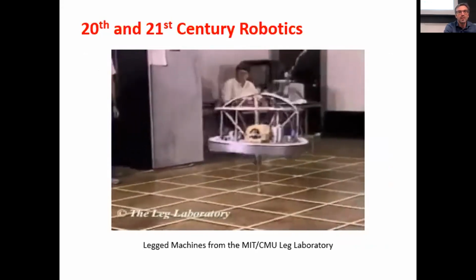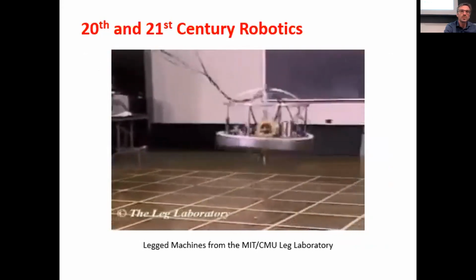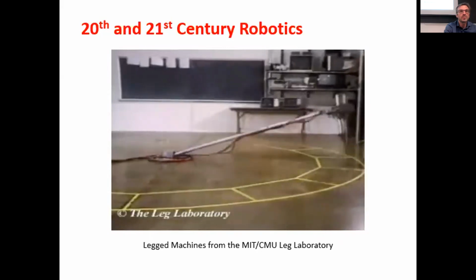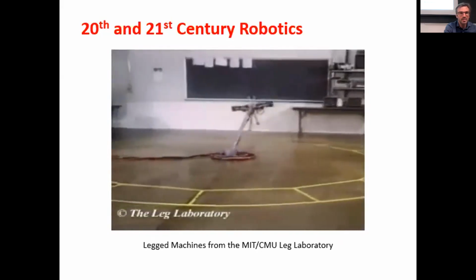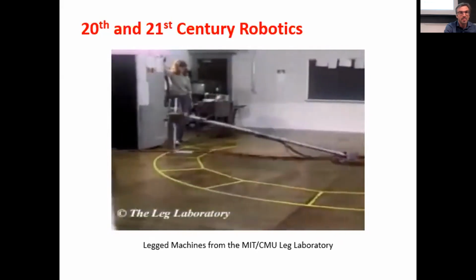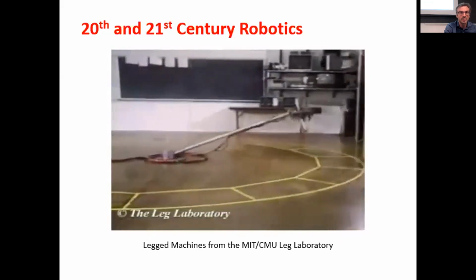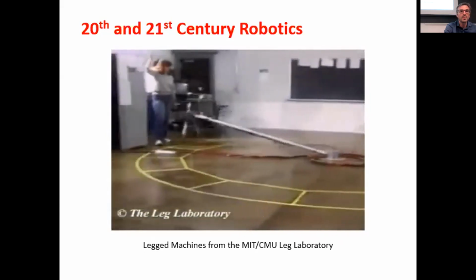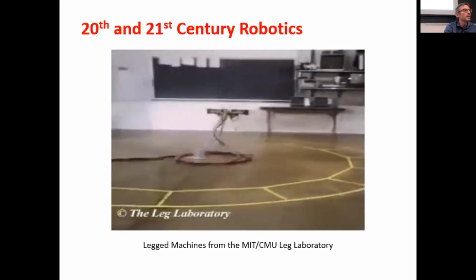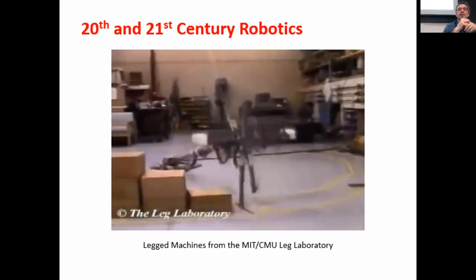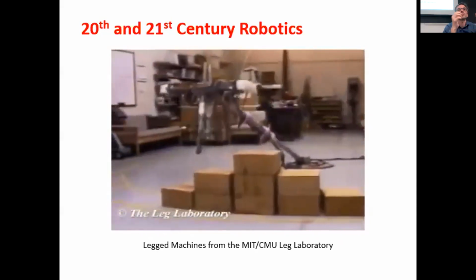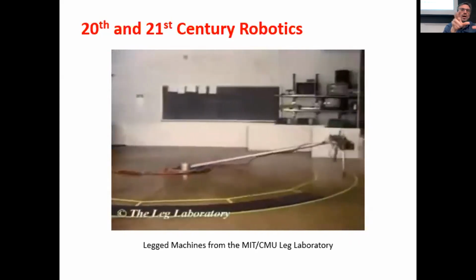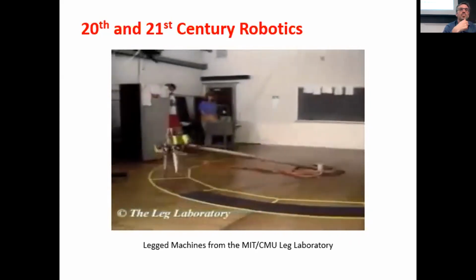This is in the 80s, so almost 30 years ago, the first legged robot from Marc Raibert at the MIT lab, Massachusetts Institute of Technology. And these machines were quite simple in terms of actuation. They were using very simple heuristics. For example, open a valve with a certain timing according to the angle of the leg, and keep it open for a while.